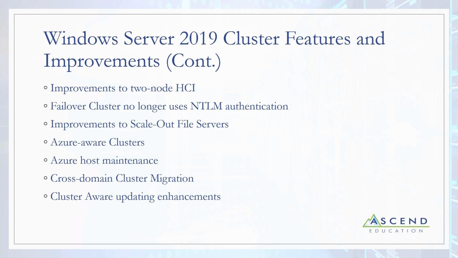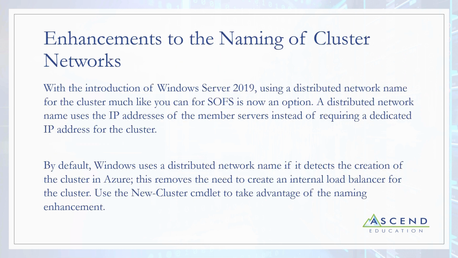And that ClusterStorage folder is where both servers access these shared folders, and either one of them can do it at the same time. So instead of one server providing access to the shared folders, either server can do it. If one server is really busy, the other server takes over, even though they're both up and running at the same time. And you can see there are some other improvements as well, such as Azure awareness.